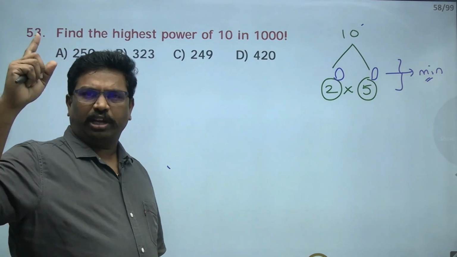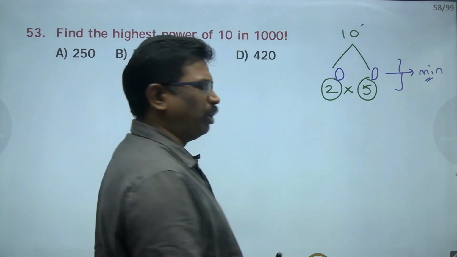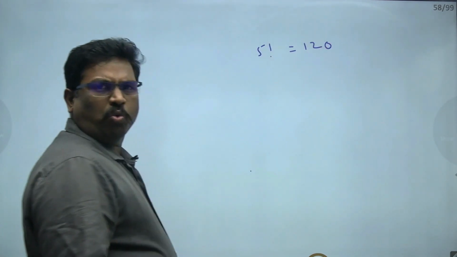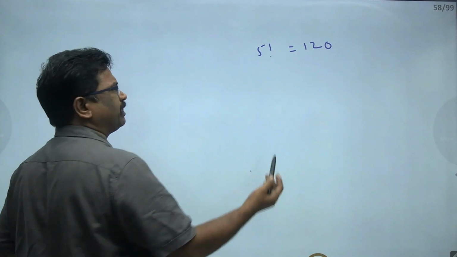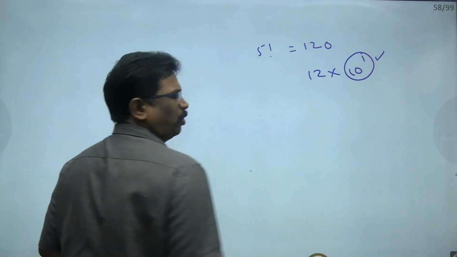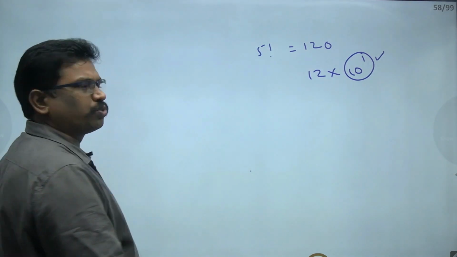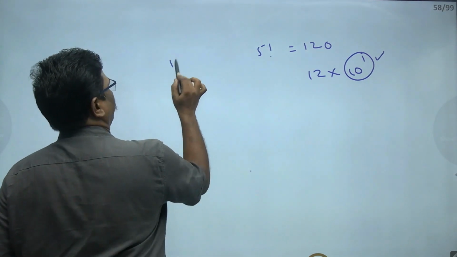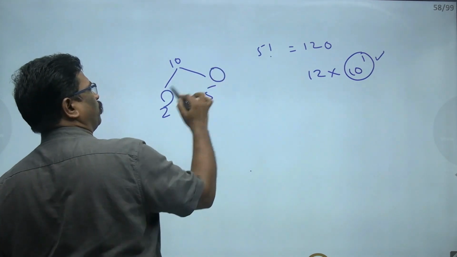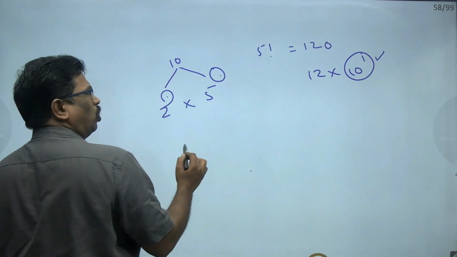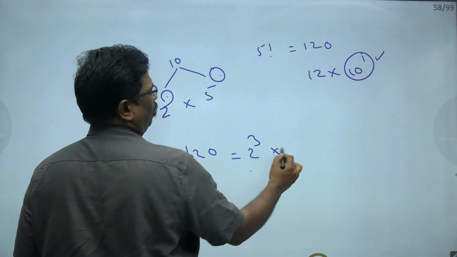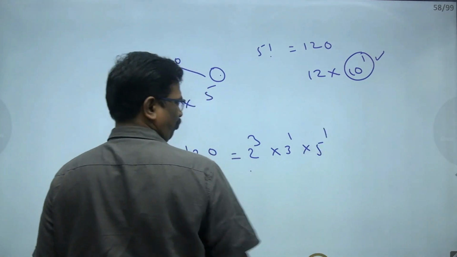See, at the beginning, if you observe, 5 factorial is 120. What is the highest power of 10 in this? I can say very clearly 12 into 10, so the highest power of 10 is 1. Yes or no? So how do you find this? 10 is not a prime number, so write 2 into 5 and find the highest power of 2 and the highest power of 5. 5 factorial means 120, which I write as 2 cube, 3 power 1, 5 power 1.